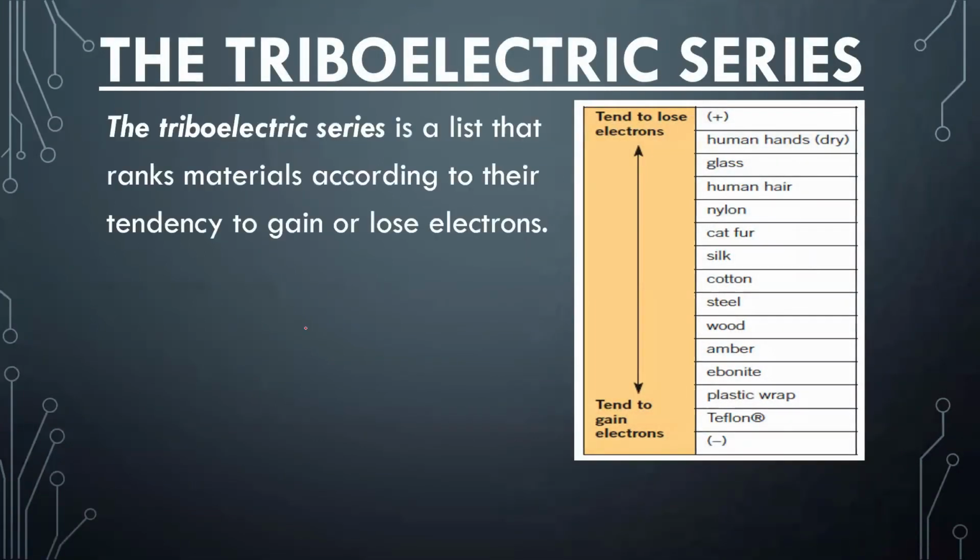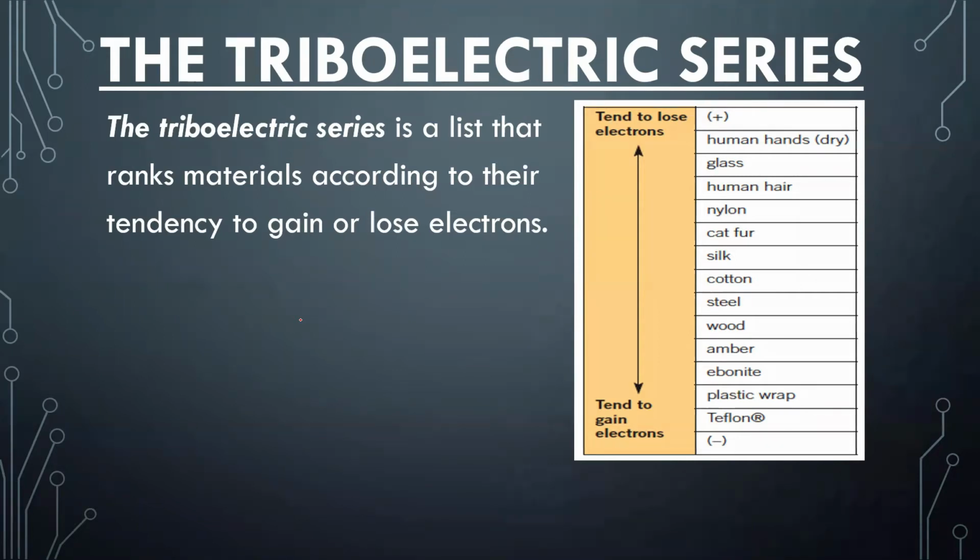So the triboelectric series is a list that ranks materials according to their tendency to gain or lose electrons.